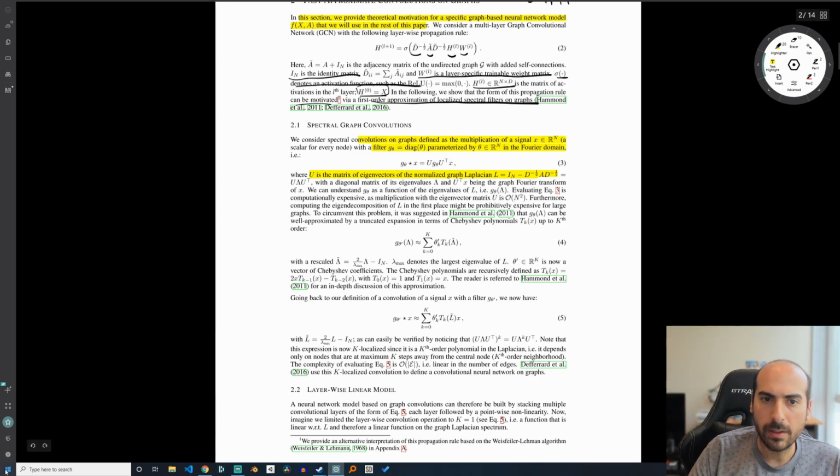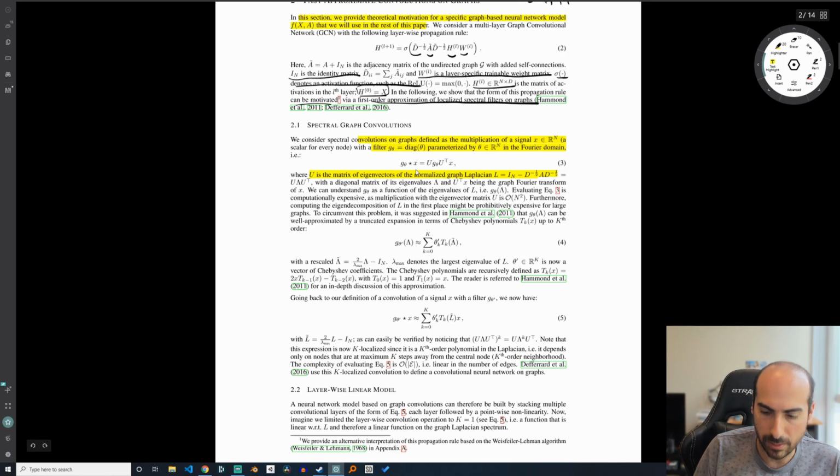Okay, this is fine. Basically, it's saying that instead of taking the filters directly, you can take the eigenvectors of the graph Laplacian, and you also get a convolving filter, and then they can simplify it using a Chebyshev polynomial.